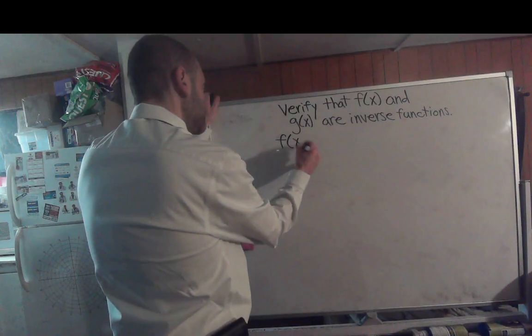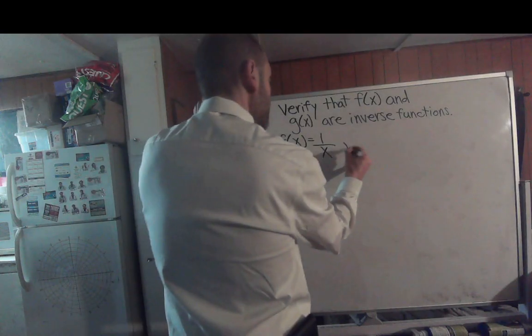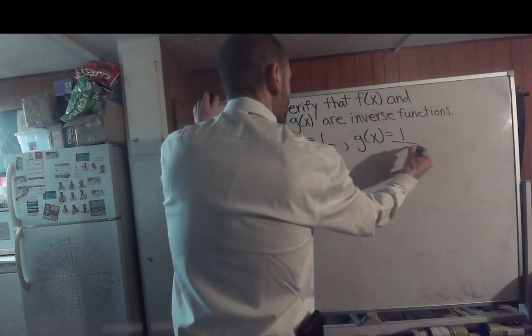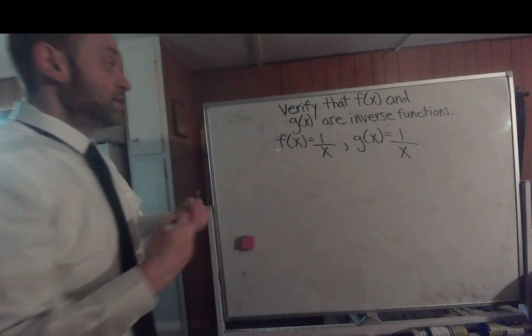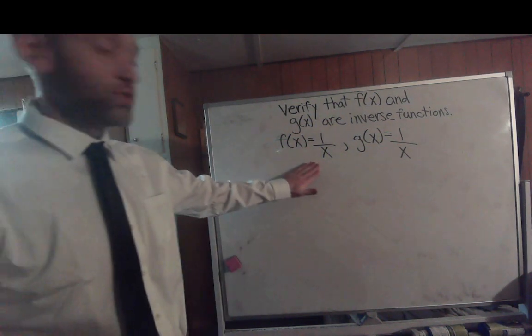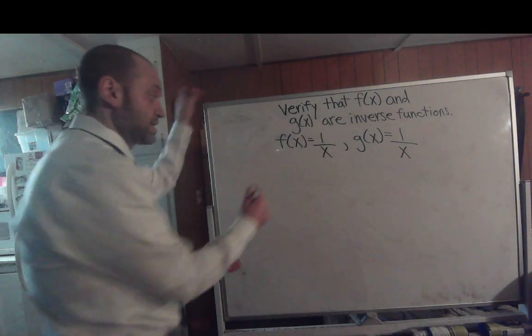F of x equals 1 over x. G of x equals 1 over x. So you're about to learn something very interesting here. F of x equals 1 over x, so does g of x. It also equals 1 over x.